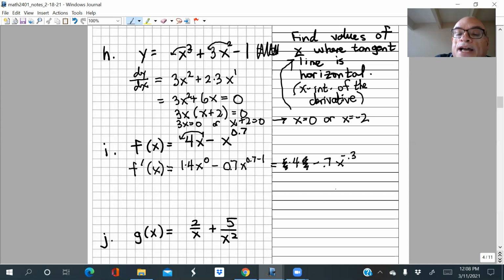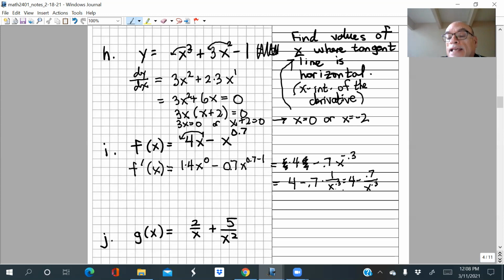If you don't like having negative exponents, sometimes negative exponents are annoying to us. You can get rid of the negative exponent by taking the reciprocal, right? So this means the same as 4 minus 0.7 times, and then x to the minus 0.3 is 1 over x to the positive 0.3. Remember, you can change signs of exponents by taking reciprocals. So this ends up as 4 minus 0.7 over x to the 0.3 power.